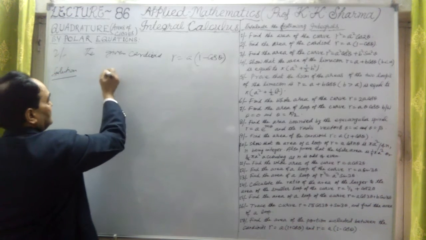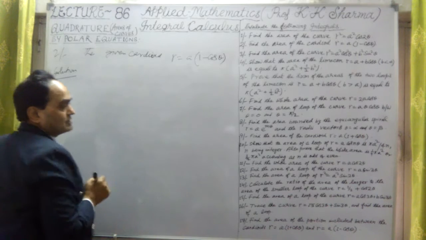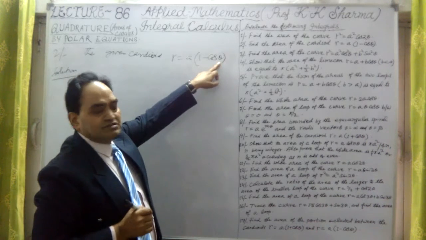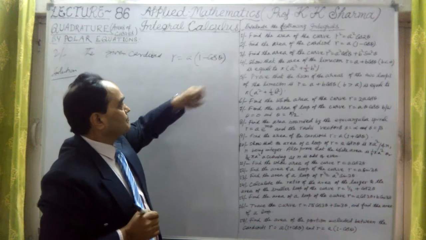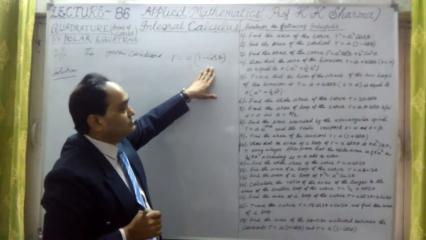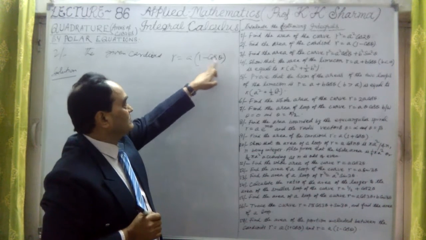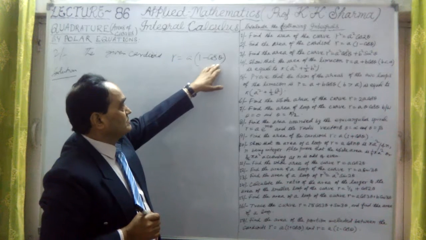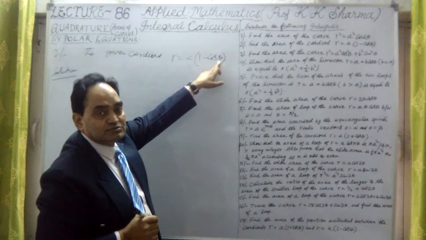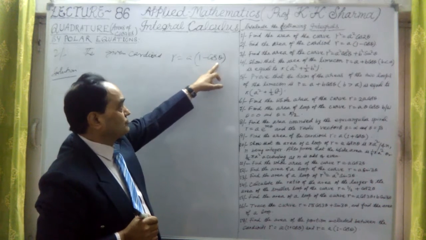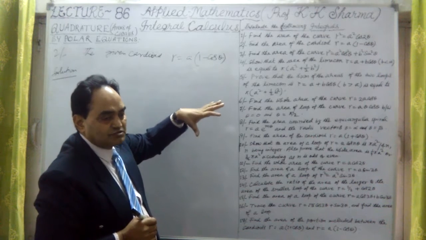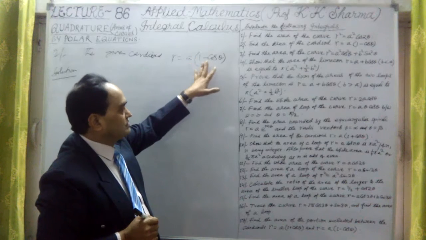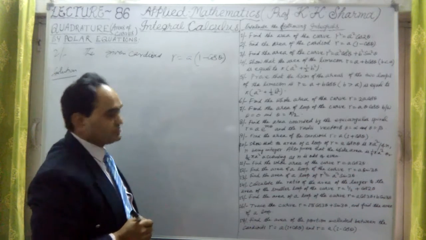Solution here. If I put theta equal to minus theta, the curve is unchanged, because cos theta is an even function. So cos minus theta is cos theta, positive, so the curve will remain the same.